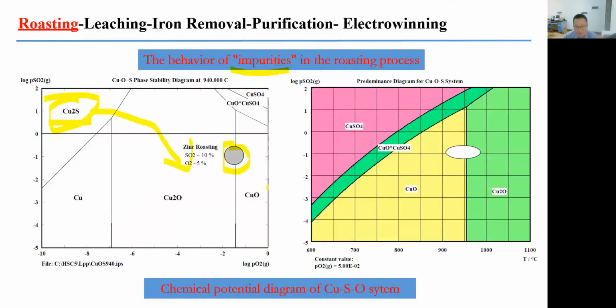But because copper has two different oxidation states, and the temperature is around 1000 degrees C, some part will transfer to +1, and some will transfer to +2, and this ratio varies with the oxygen partial pressure, and also with the temperature. So we know that the copper will become copper oxide in the calcine, or in the product of the roasting process.